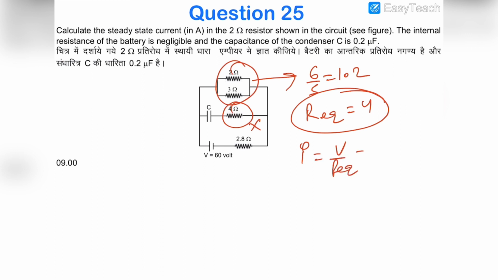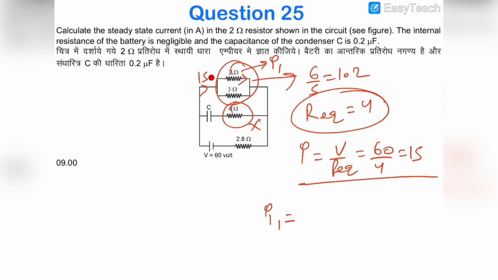and the current I will be equal to V by R equivalent, which is 60 by 4, that is 15, and the current which is flowing through this would be 15. And now we have to find out the current through the 2 ohm. So this is I1, let's suppose, and we know that the ratio of these resistances is 2:3, which sums to 5.